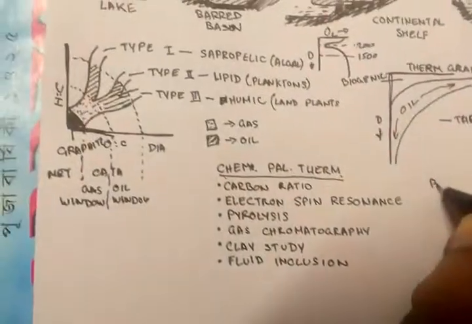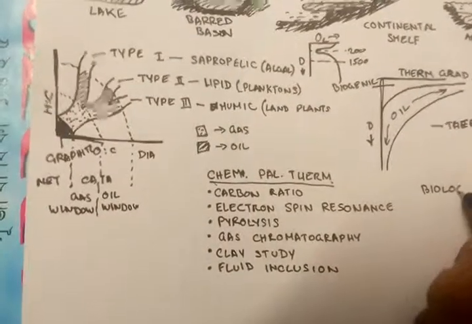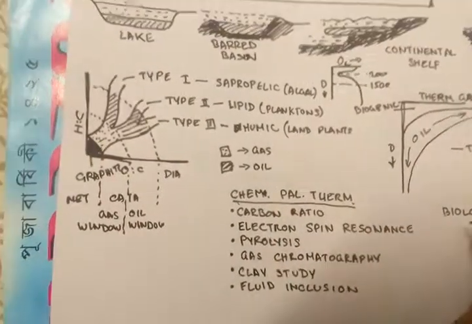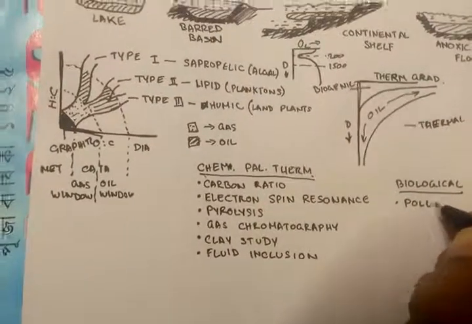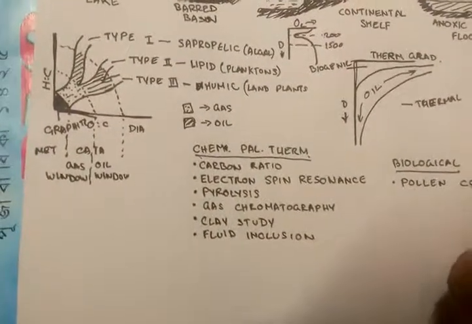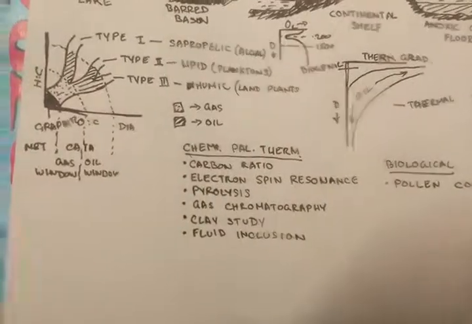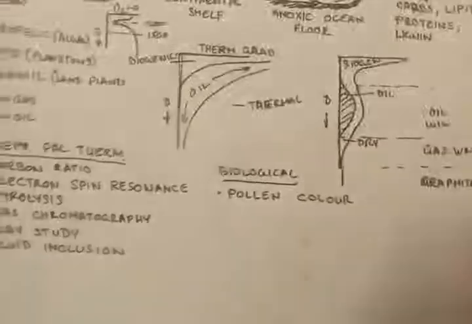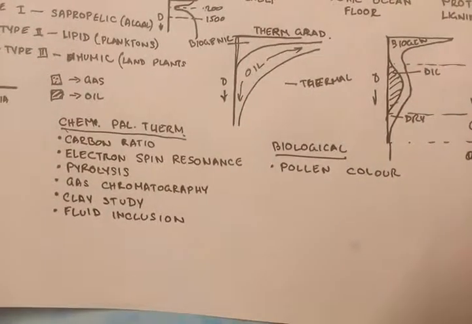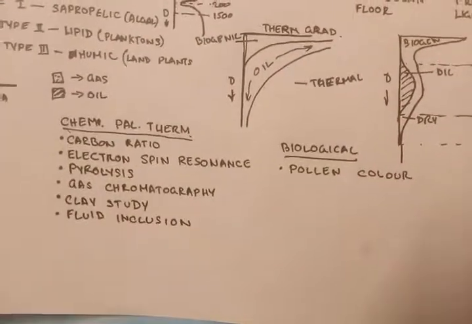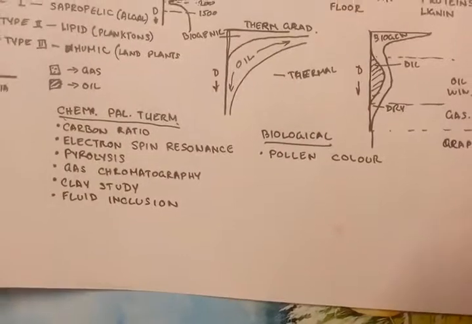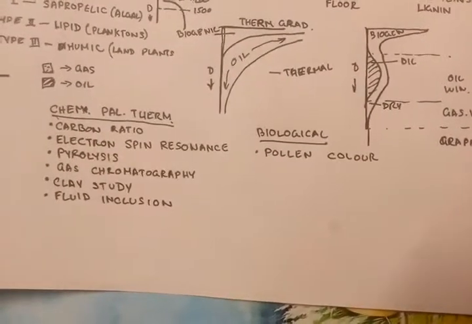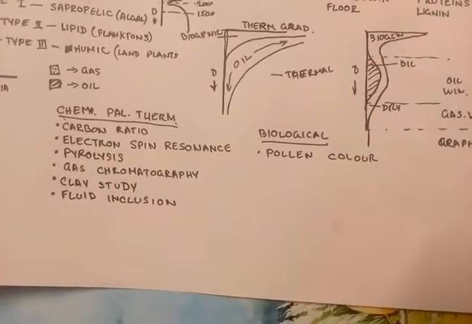The biological ones are, number one, pollen color. So basically what happens, pollens are made up of a very complex and resistant substance known as sporopollenin. So when pollens are subjected to higher temperatures, they tend to change their color from light yellow to orange to brown.